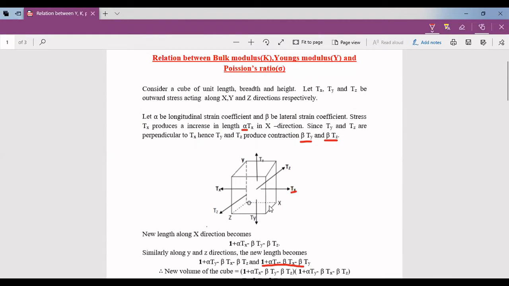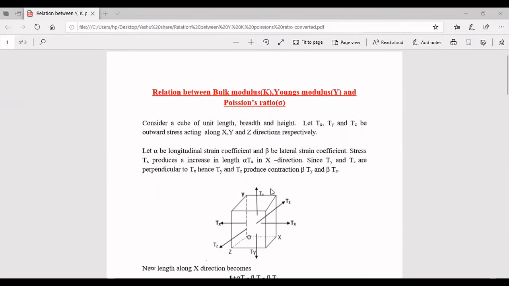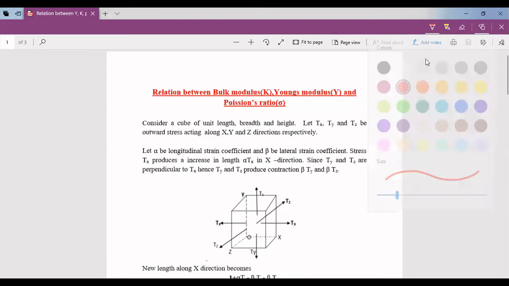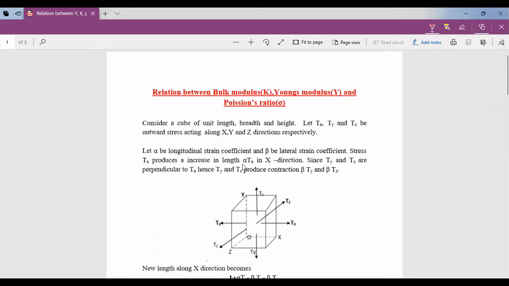Let alpha be the longitudinal strain coefficient and beta be the lateral strain coefficient. A stress Tx produces an increase in length along the x direction. The increase in length is alpha Tx.